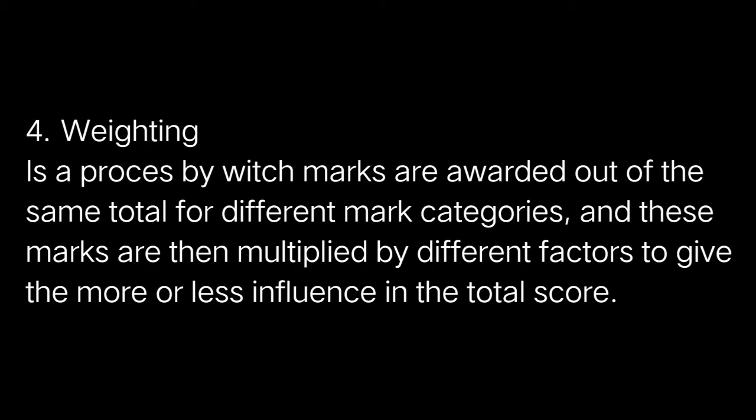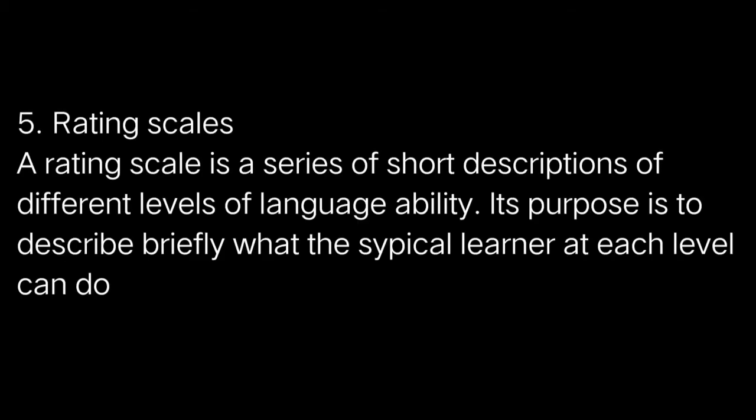And these marks are then multiplied by different factors to give more or less influence in the total score. 5. Rating scales. A rating scale is a series of short descriptions of different levels of language ability. Its purpose is to describe briefly what the typical learner at each level can do.